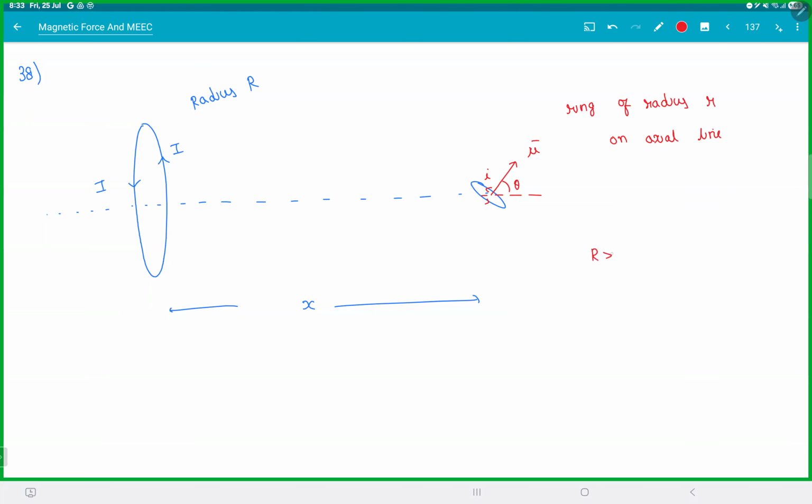R is much greater than r. So this big loop is much larger, and at the axial line, you kept a small loop at an angle theta as shown. Find the torque and the force on the small loop due to the big one.